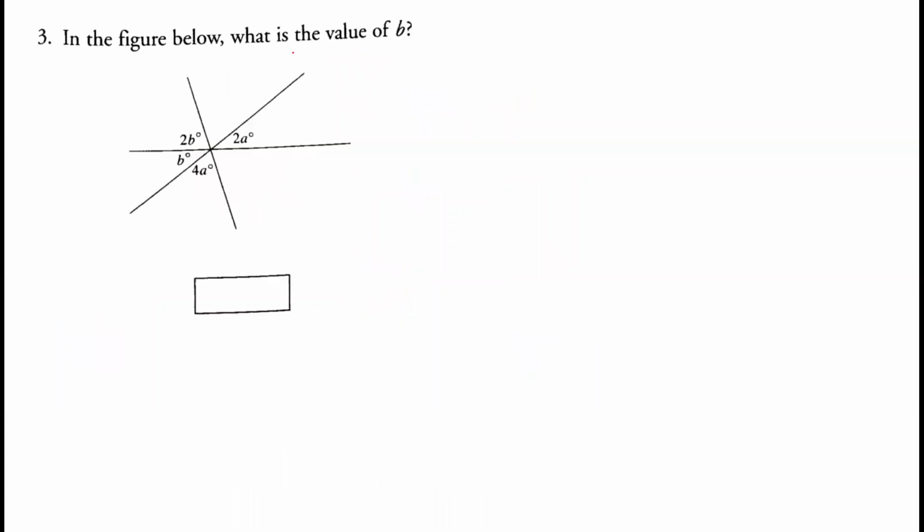Now in the figure below, what is the value of B? If this is a straight line, and this angle is 4A, then this angle will be 4A as well. And if this is 2B, then this angle would be 2B as well. And we have a straight line over here. Now we can write 2B plus 6A equals 180 because it's a straight line.